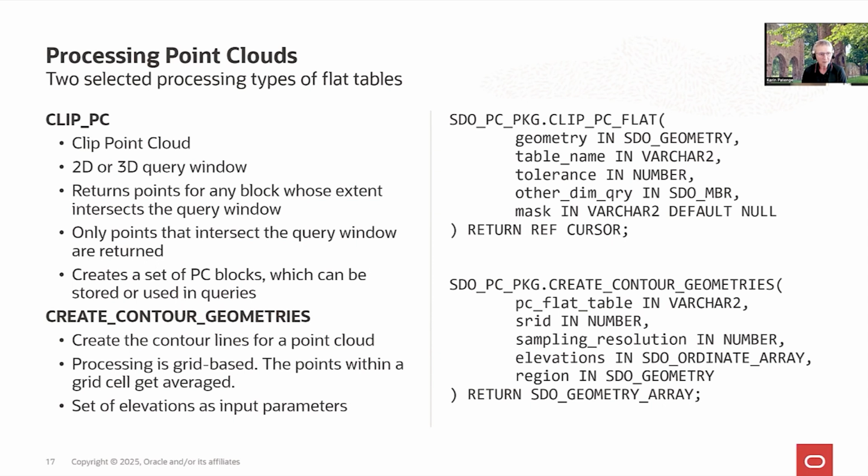So clipping the point cloud, which means we compare the actual point cloud data set with an SDO geometry. It can be either a 2D or a 3D SDO geometry, which is our query window, and then we find out which points are included or interact with this query window, and then we get the points back in the result set.